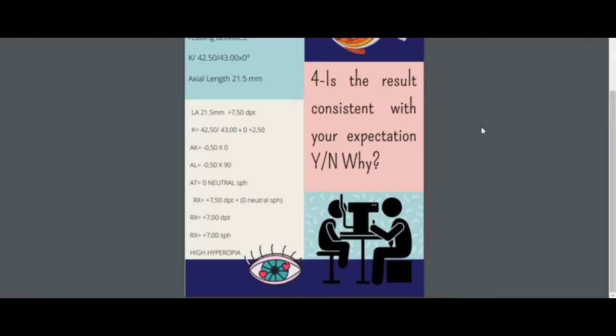And the formula is axial length plus AT is the same as refraction. Now replace the formula, and it would give us refraction is the same as plus 7.5 diopters, and that would be with the name of high hyperopia. 3.